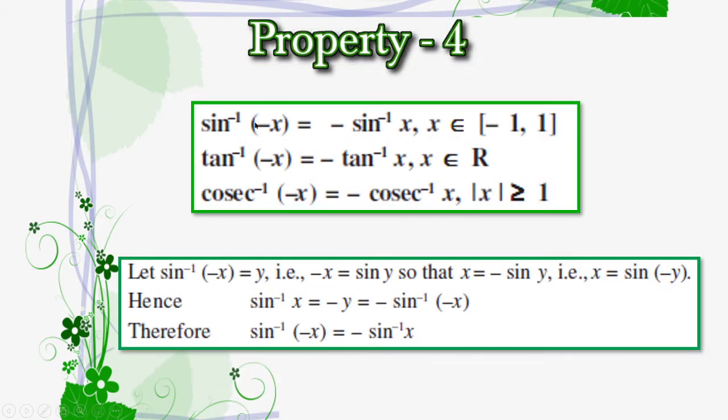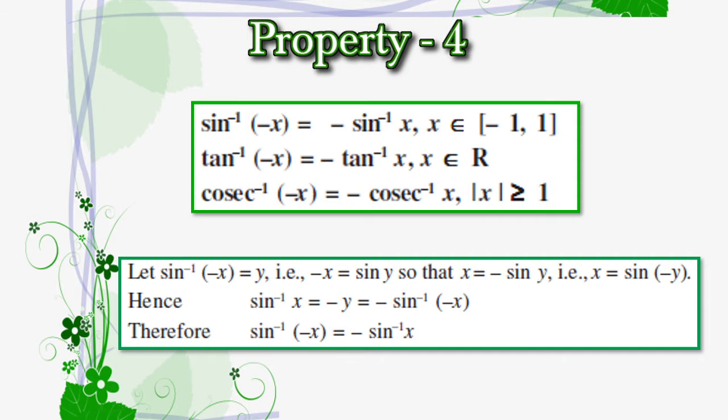Fourth property says sine inverse minus x is equal to minus sine inverse x. Tan inverse minus x equal to minus tan inverse x, and cosec inverse minus x equal to minus cosec inverse x. Now let's see how. Sine inverse minus x, let it be equal to y. So minus x, taking sine to both sides, we can say minus x equal to sine y. So that x equal to minus sine y, we are taking minus to both sides. Now sine minus theta is equal to minus sine theta.